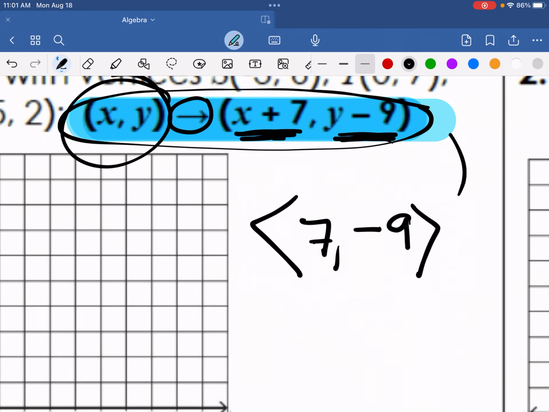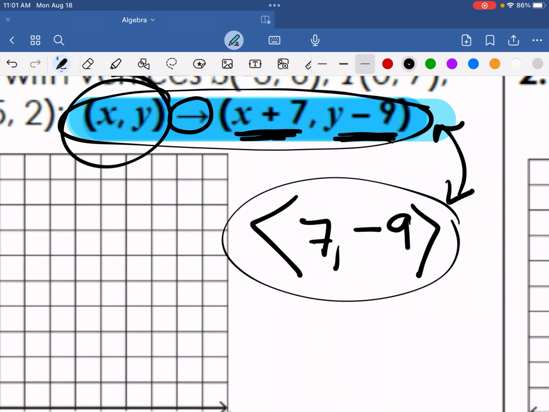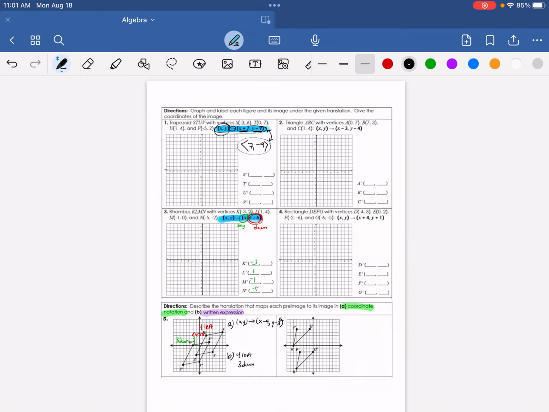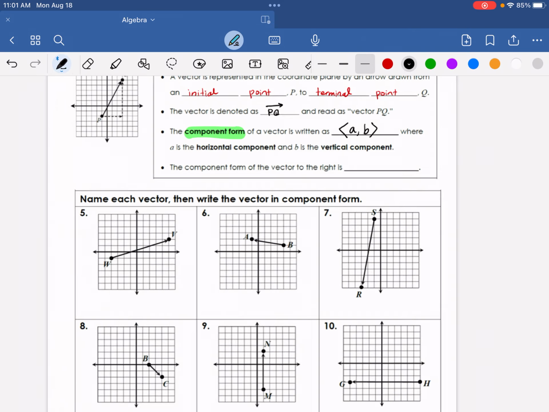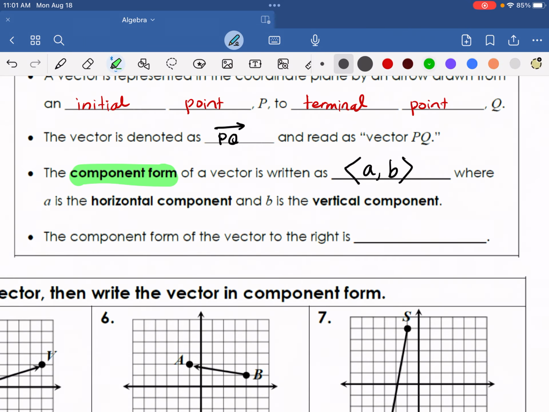This one says the exact same thing, but you write it differently. One is shorter and one is longer, but it is the same lesson. Okay, and then the notes tell you A is the horizontal component, like if you're moving left or right, how much, and B is the vertical component.